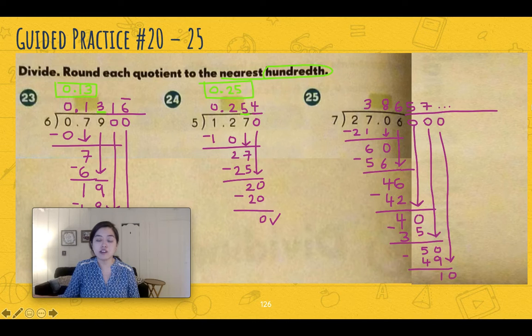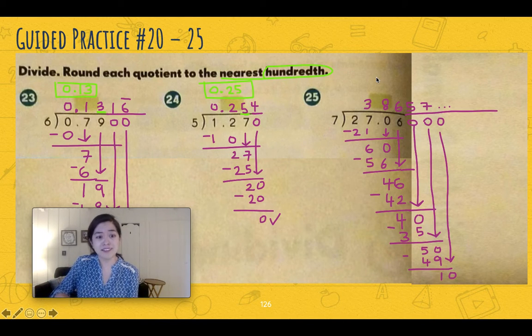So what I recommend is, when it tells you to round to the nearest hundredth, just stop at the thousands. That's all you need to figure out how to round it to the nearest hundredth. I'm not going to figure out the rest, because it'll just be a waste of time.